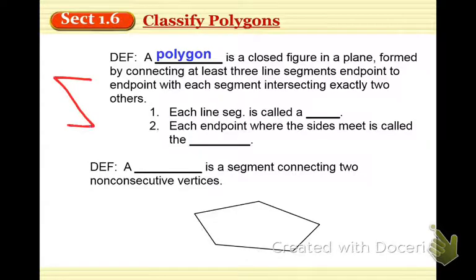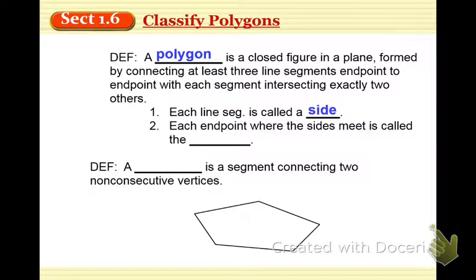If I had this, that is not a polygon because this line segment intersects this line, this line, and that line. It intersects 3 lines. That's not a polygon. That's a polygon, but together that's not a polygon because the lines cross within the figure.